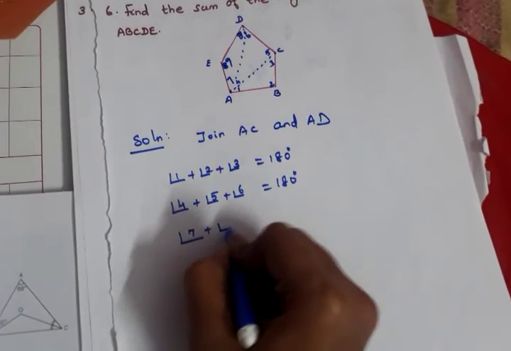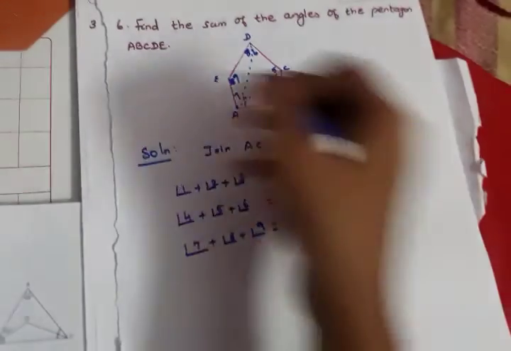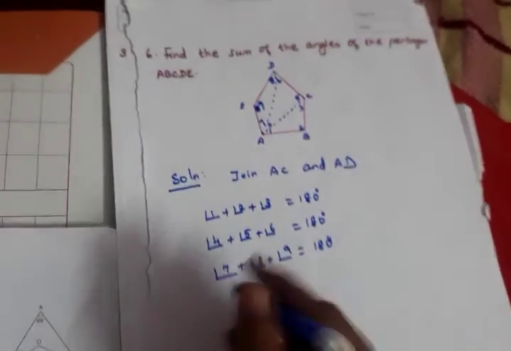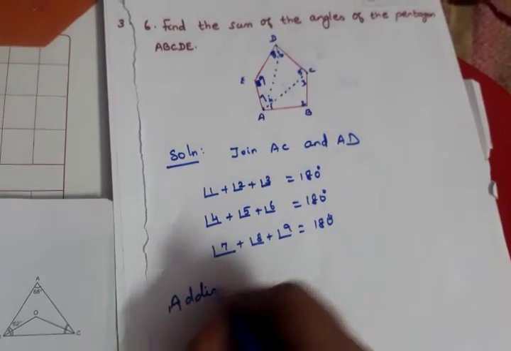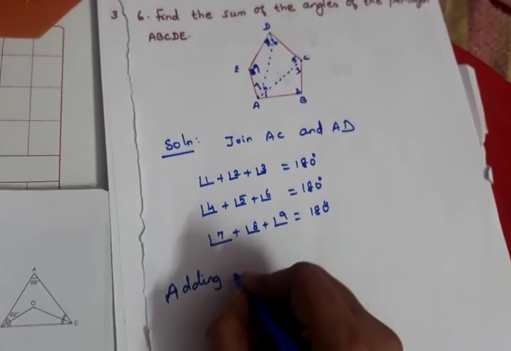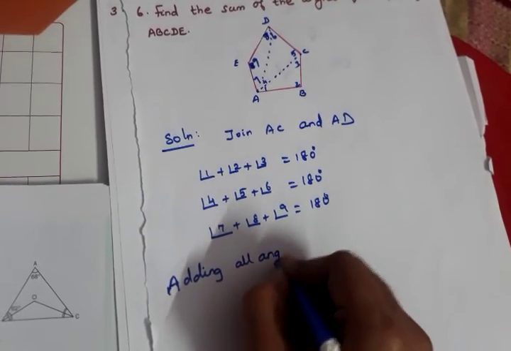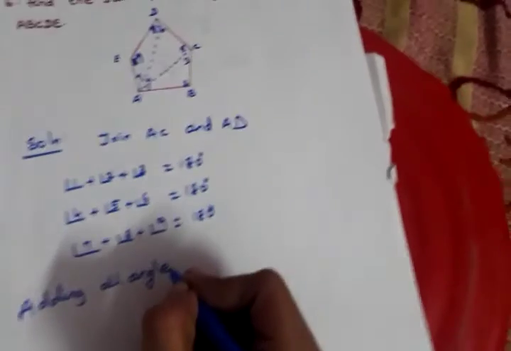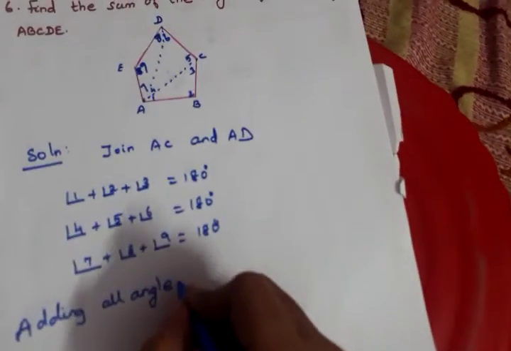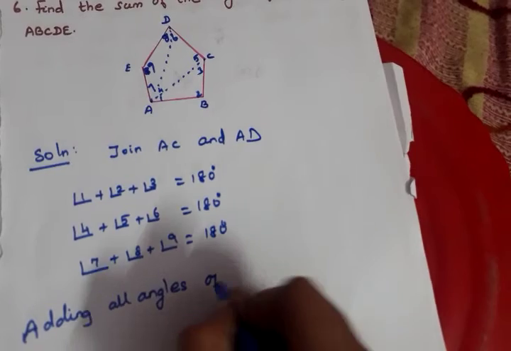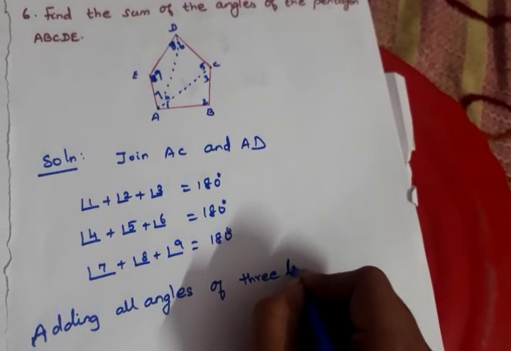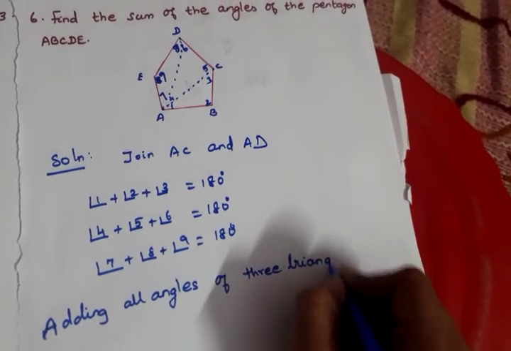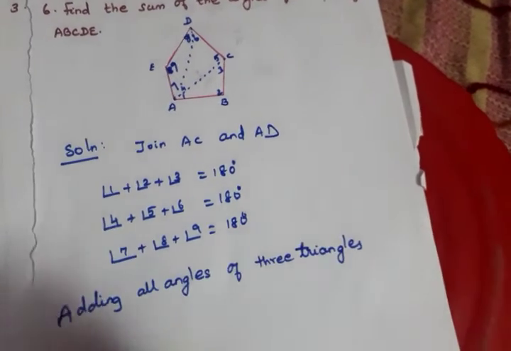Angle 7 plus angle 8 plus angle 9 equals 180 degrees. Adding all angles of the three triangles gives 180 plus 180 plus 180, which is 540 degrees.